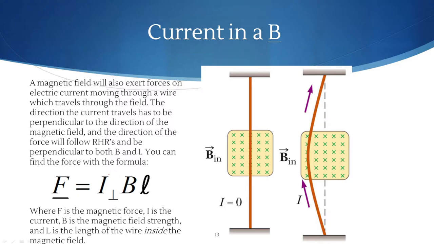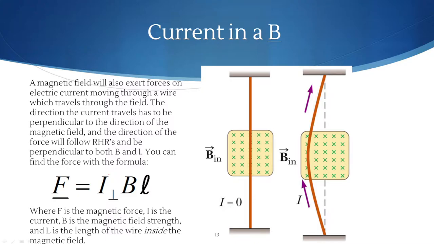As a result, if you expose a wire with current running through it to a magnetic field, and if the direction of current is perpendicular to the magnetic field, the field is going to exert a force on your wire. In this image, in this first picture, there's just no current.